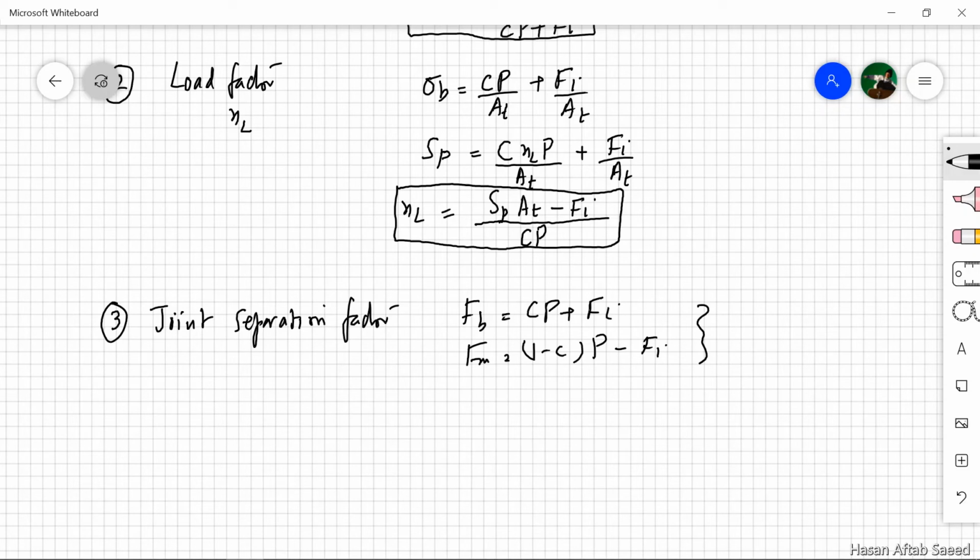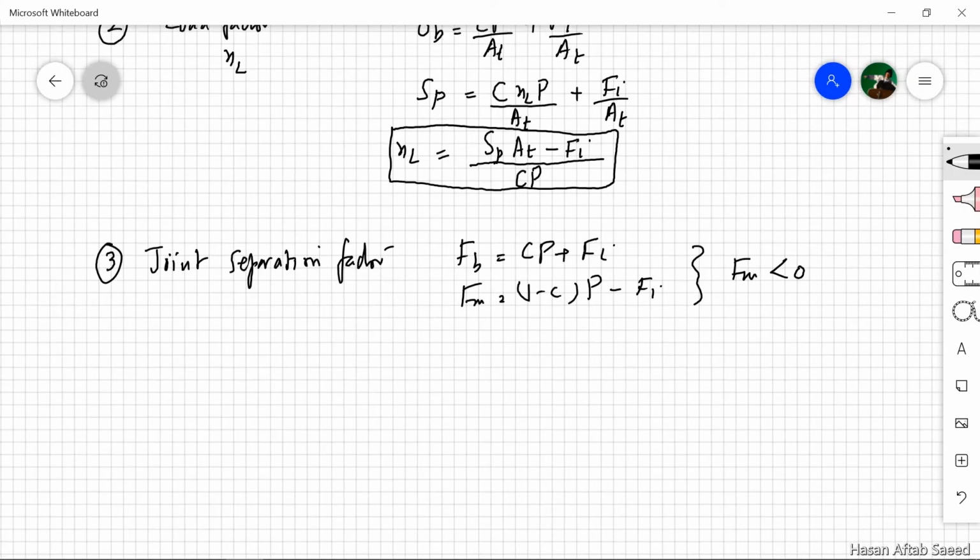Both these equations only have meaning if FM is less than 0, that is, there's still some compression in the joint. Now this joint separation factor makes sure that you still have a compression, because if there's no compression, then the whole of the load goes to the board and it is not a joint to start with.